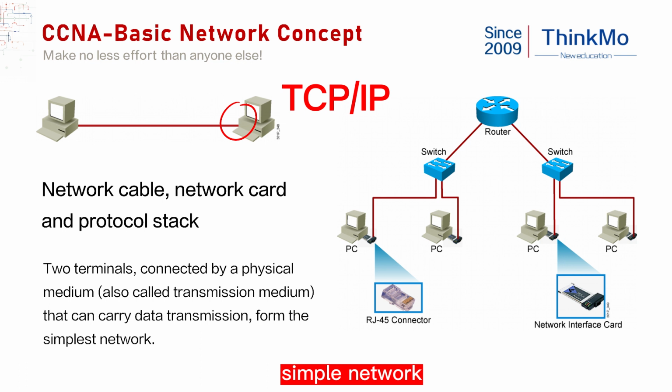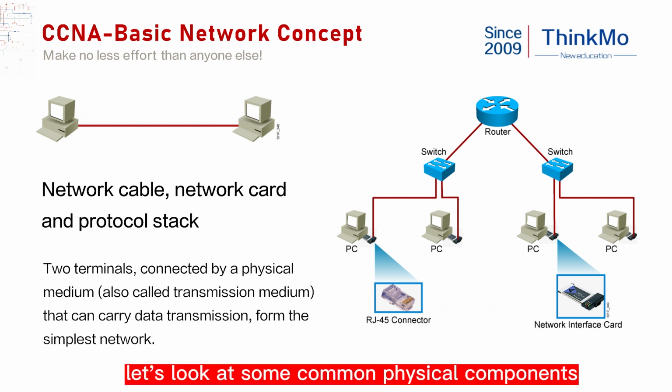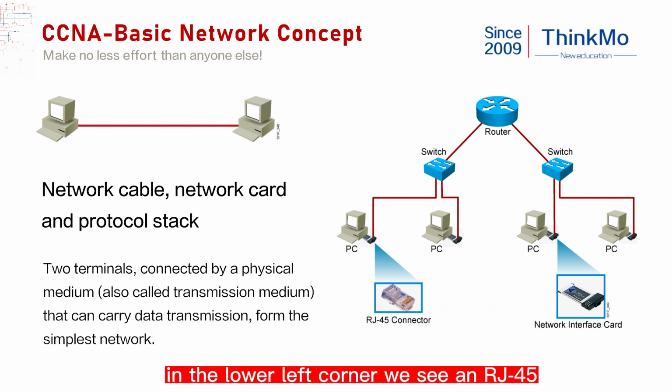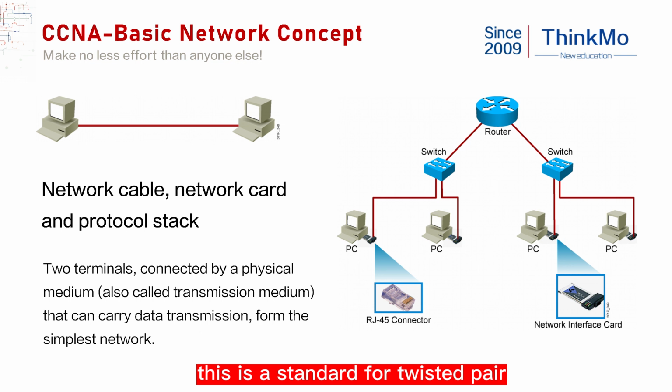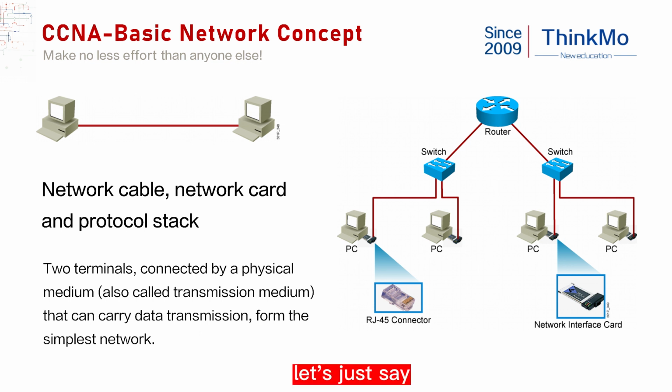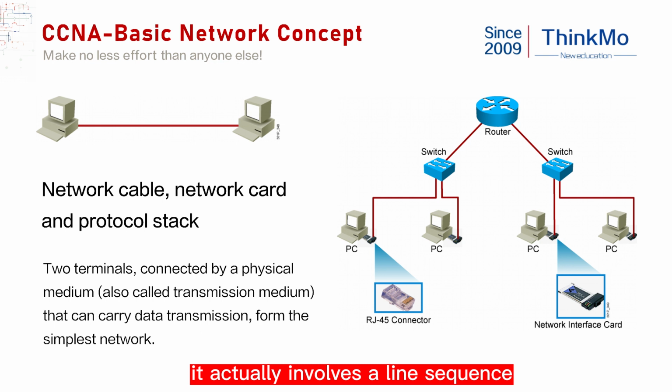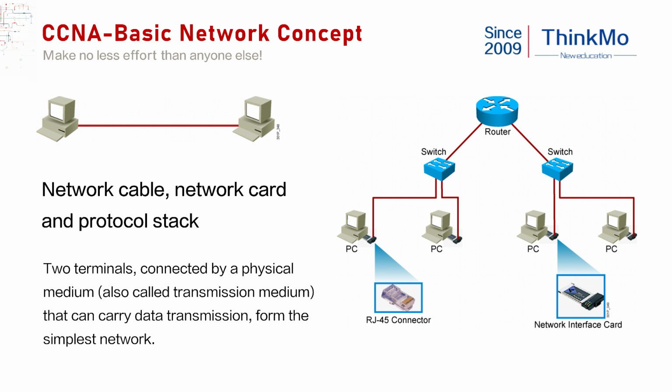A simple network. Let's look at some common physical components. In the lower left corner we see an RJ45 connector. It's a standard for twisted pair. It actually involves a line sequence: the 2 production line sequences of 568A and 568B for twisted pair.